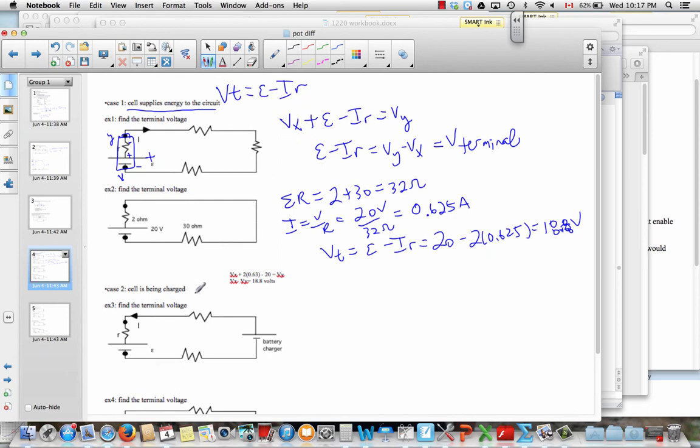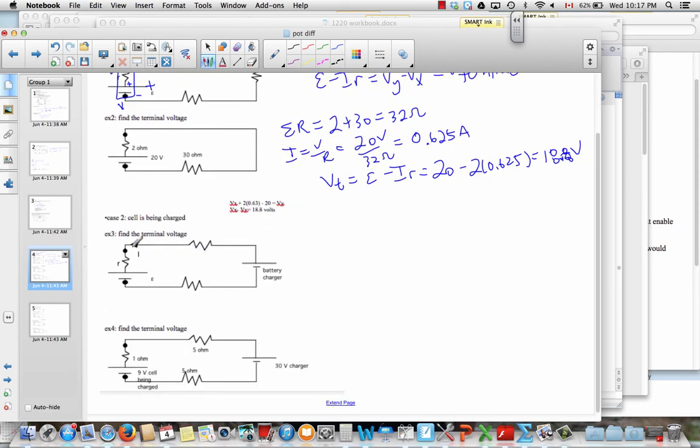If, on the other hand, the cell is being charged, well, the way that we charge a cell is by running current back through it using a battery charger. So now the current's flowing in the other direction, and current flowing downhill, those will be the energy labels for the resistor, and these are the energy labels for the cell.